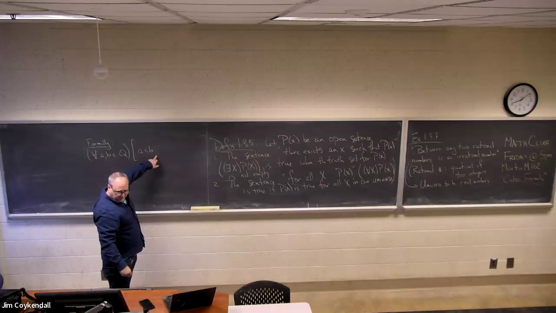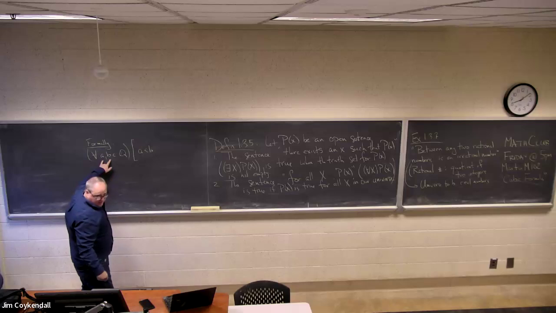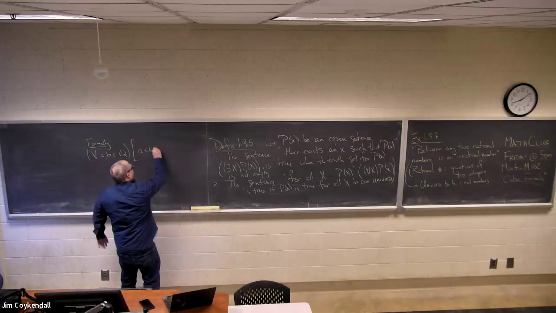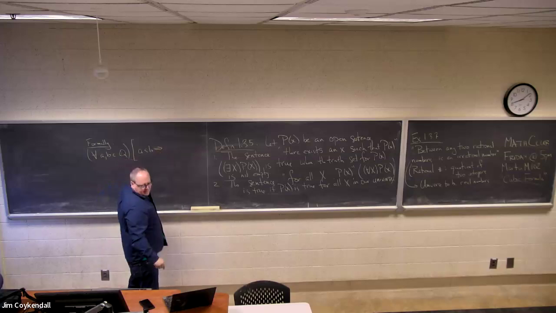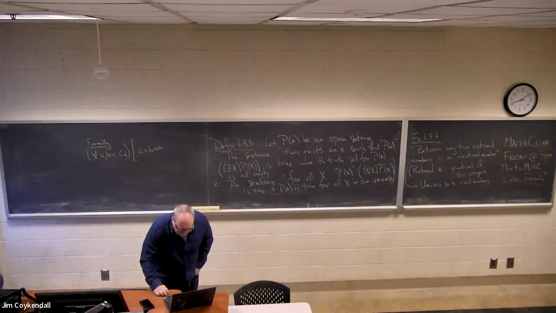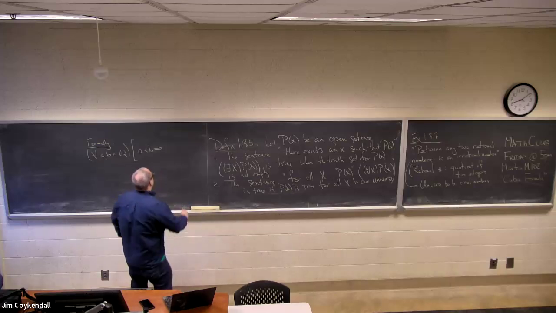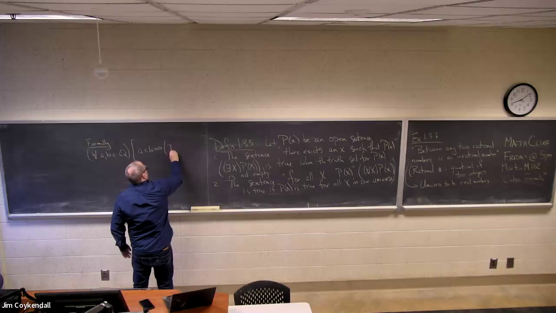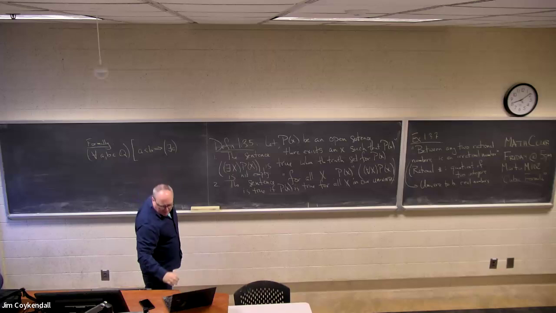This really says that if a and b are the same rational number, there's nothing between them. So I'll take a to be less than b. This implies that there exists a real number c, and we'll say that c is in R.